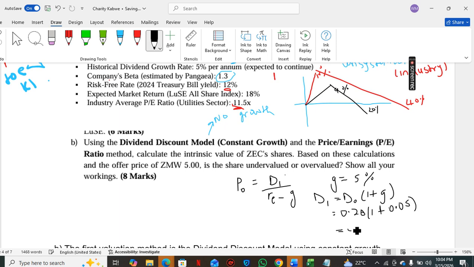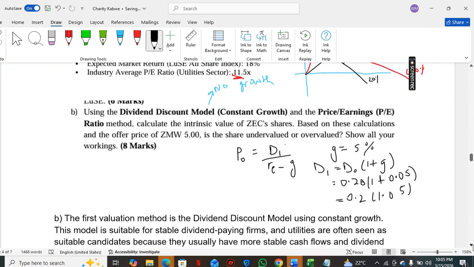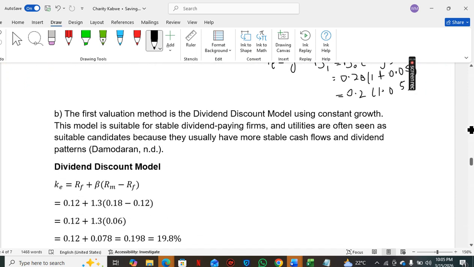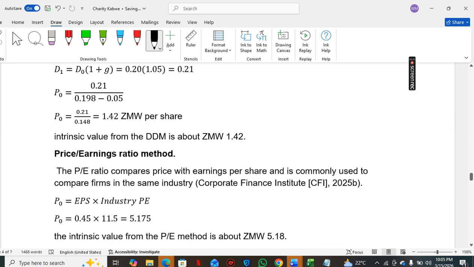Colleagues, use your calculators. 0.2 times 1.05 is 0.21. So next year, you're expecting a dividend of 21 ngwe.